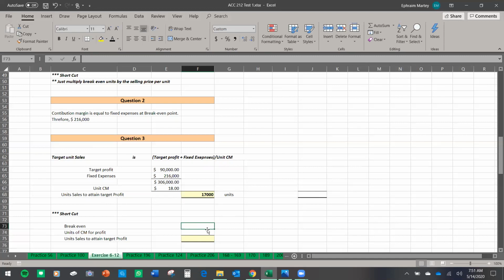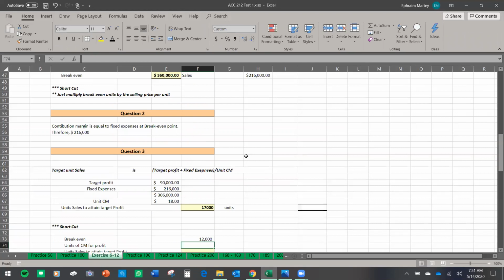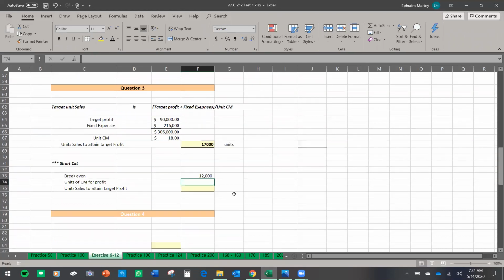So you just take your break-even point. What is your break-even unit? That is 1,200 units. You take that. And now you need to find the unit profit for 90,000. So you take 90,000 divided by 18. That gives you 5,000. And you add these two together, and you have the same 17,000 units.